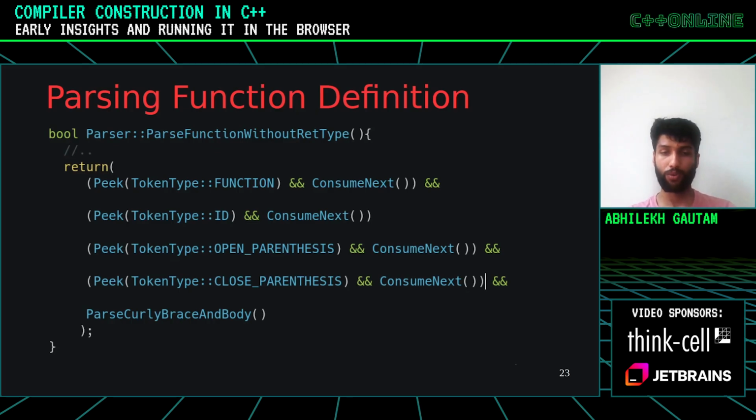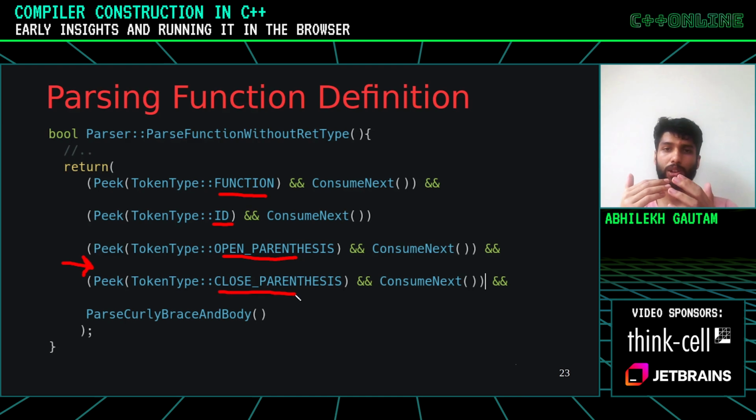Similarly, we can parse function definition. It's similar to what we saw earlier. We will see if it starts with a function keyword, and then check if there is an identifier, and we will see if we have an open parenthesis next. This is the right place to check for the parameters of the function, and then we will see if there is a closing parenthesis.